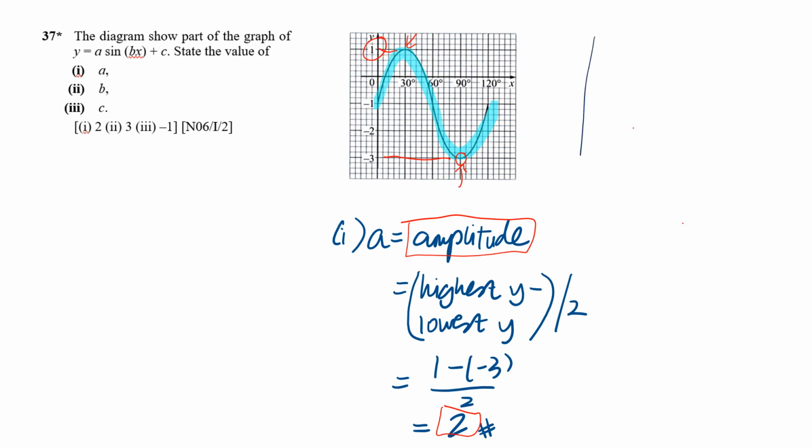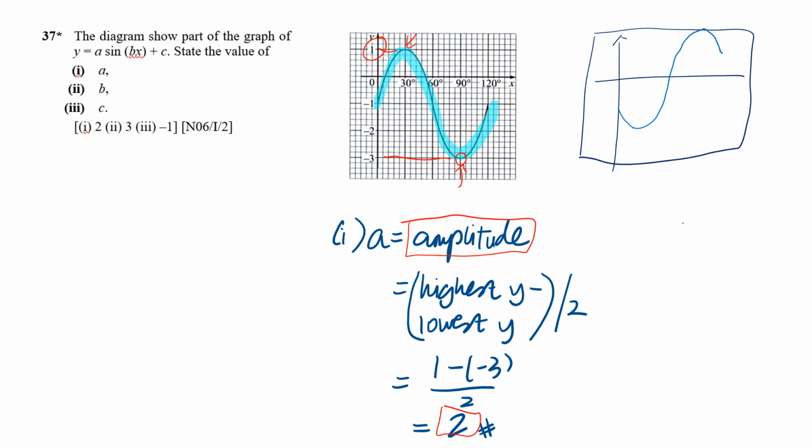If you are given an inverted sine curve, then your A will be negative 2. You have to take note of this, otherwise you will lose your 1 mark and say I never teach properly. But if you're just finding amplitude, bear in mind it's always a positive value.